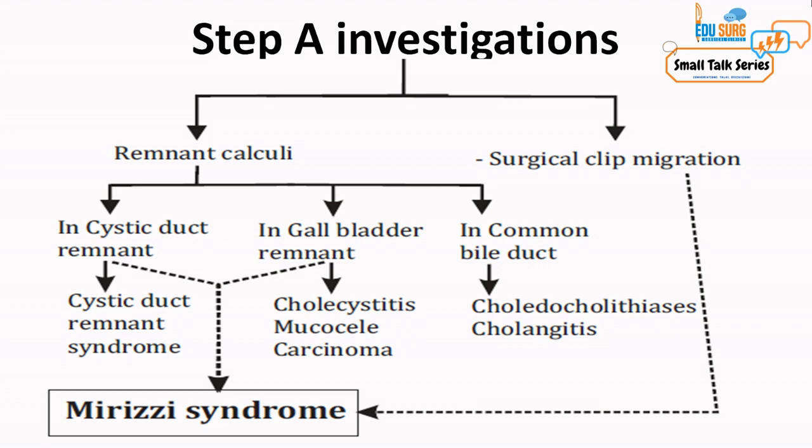Remnant calculi can be in the cystic duct remnant, when it is known as cystic duct remnant syndrome, or it can be gallbladder remnant when you have done a subtotal cholecystectomy, and this can also result in cholecystitis, mucocele or carcinoma, which can lead to persistence or reappearance of symptoms in your patient. So apart from cystic duct remnant or a gallbladder remnant after subtotal cholecystectomy, there can be retained or recurrent common bile duct calculi which can lead to choledocholithiasis or cholangitis.